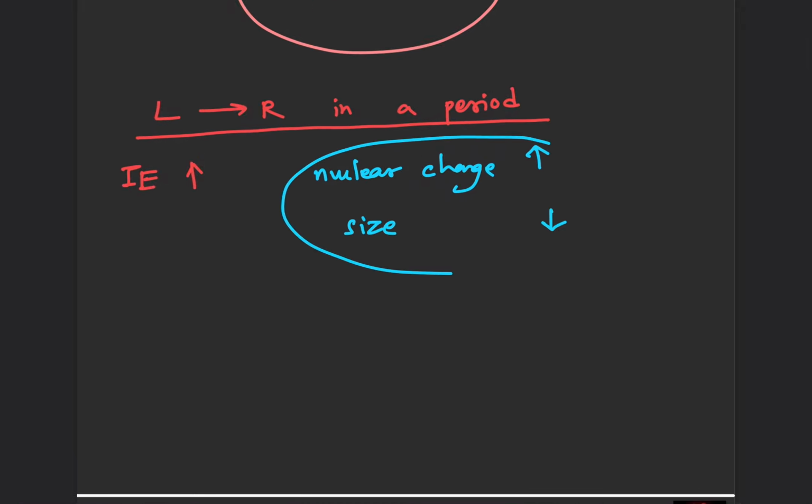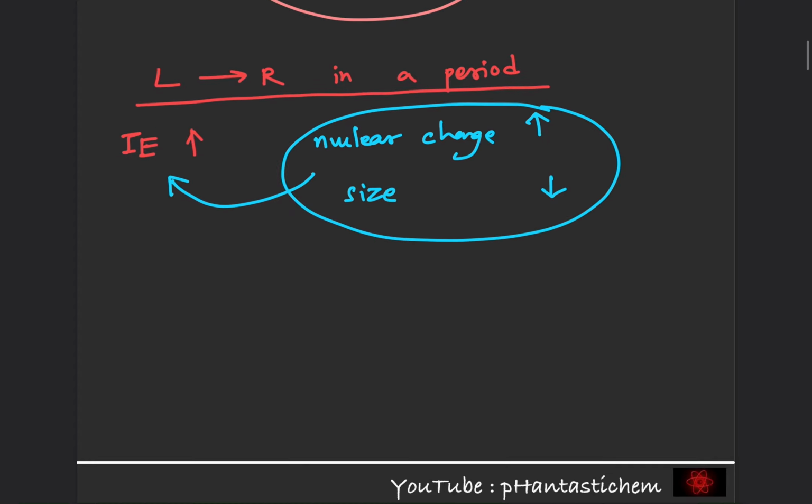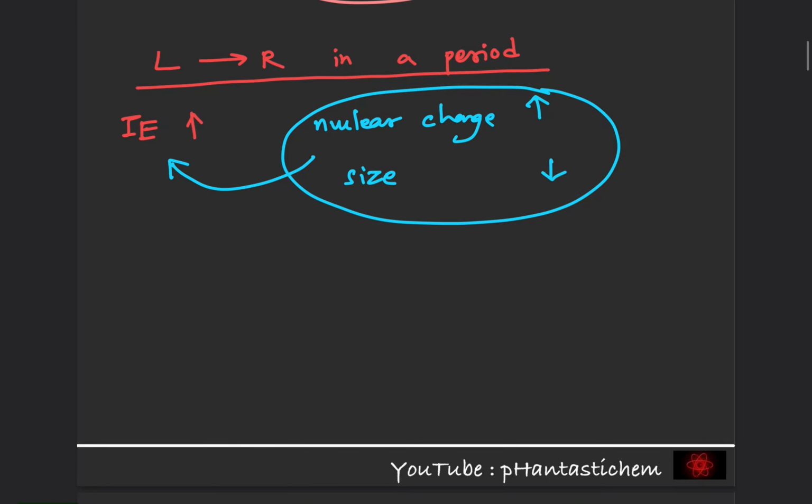Okay, so both of these factors are resulting in this. So therefore, in each period, a group 1 element, that is an alkali metal, is present at the extreme left, and they have the lowest first ionization enthalpy value in a period.